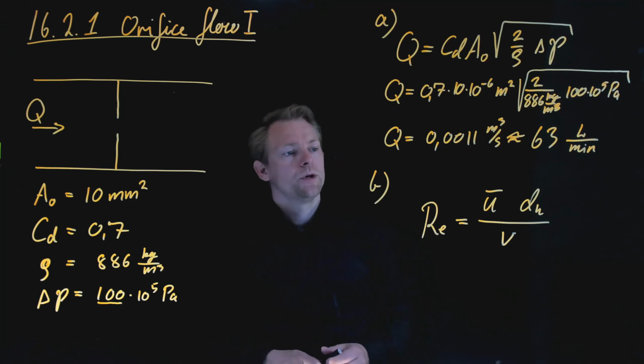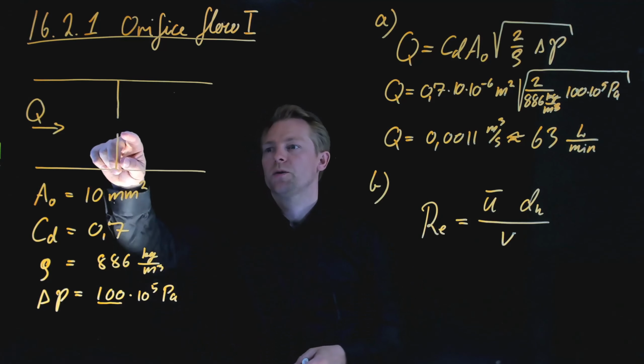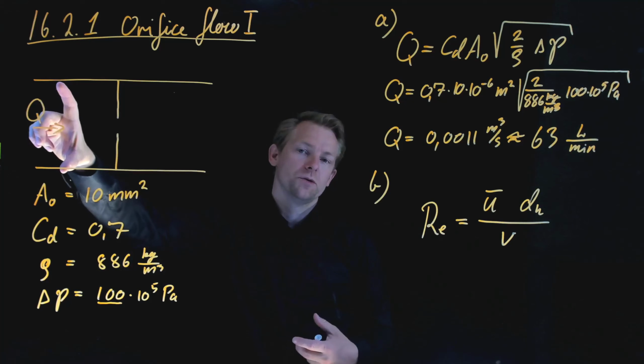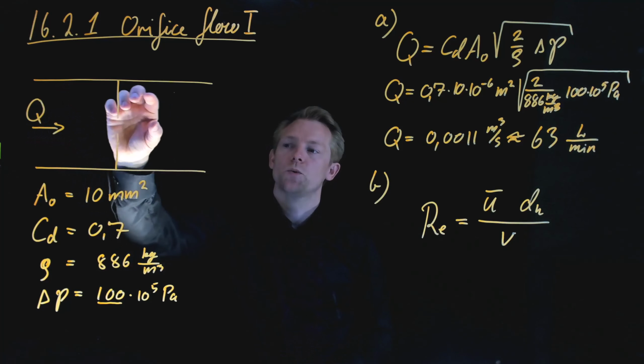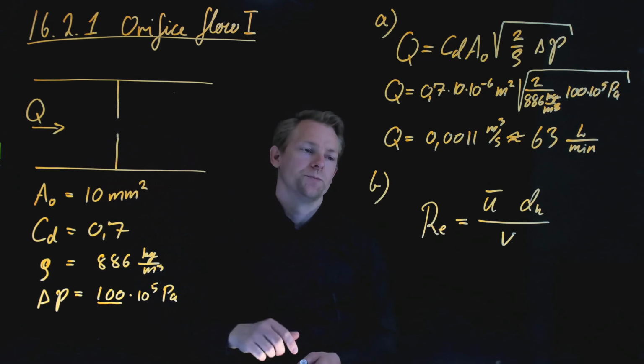So what is the velocity that we want to use? I want to find the Reynolds number just around here going through, and not out here in the full stream. So I like to know what is the Reynolds number in here in the flow that goes through.